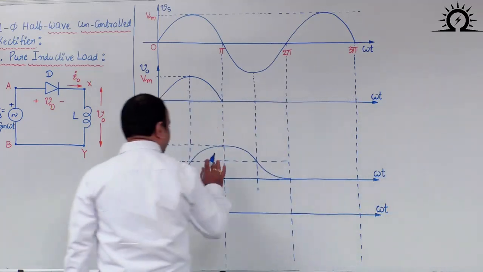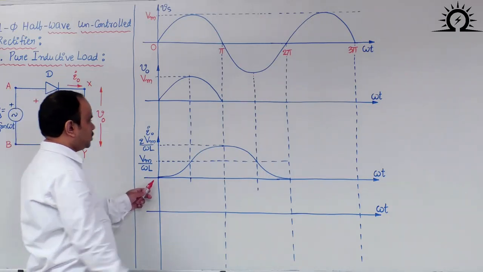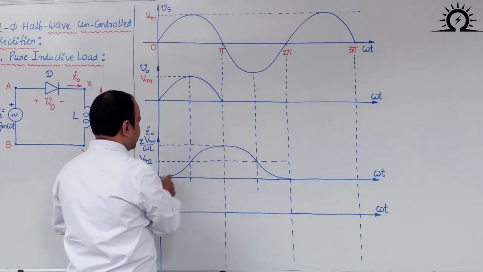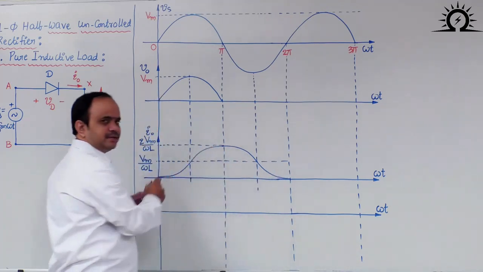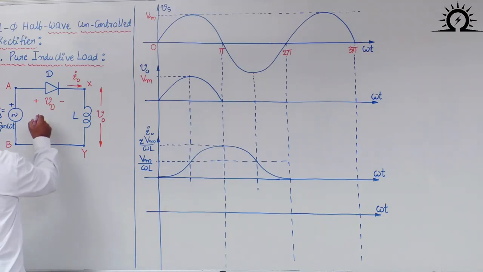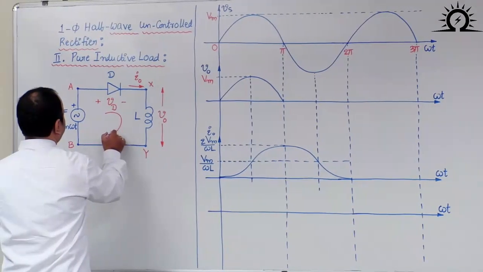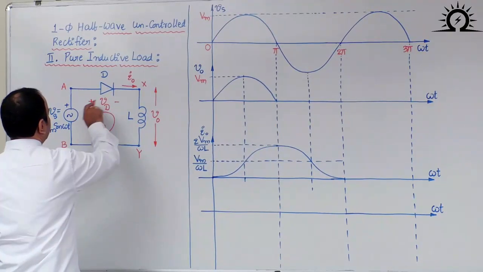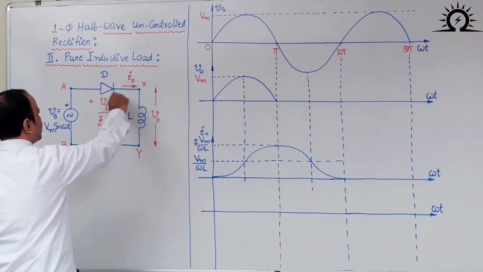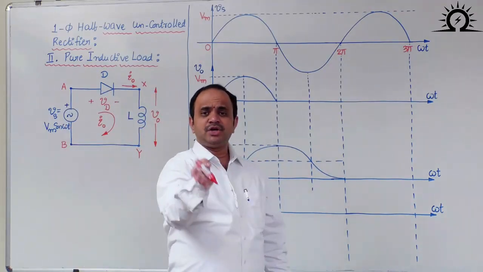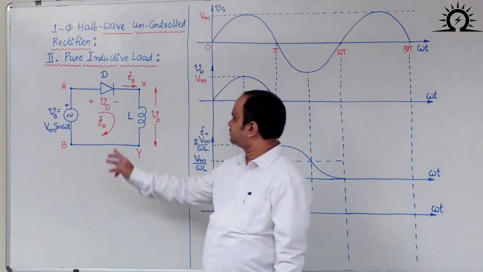Now, one very important point here: from 0 to 2 pi, throughout the cycle, the current is in the positive half cycle only. Suppose I draw the direction of current in this circuit, that is I naught, it is always flowing in one direction, that is from x to y. Okay, it is not changing direction.